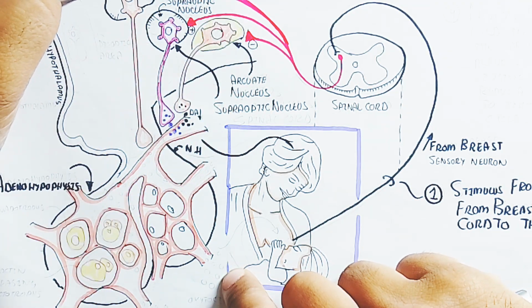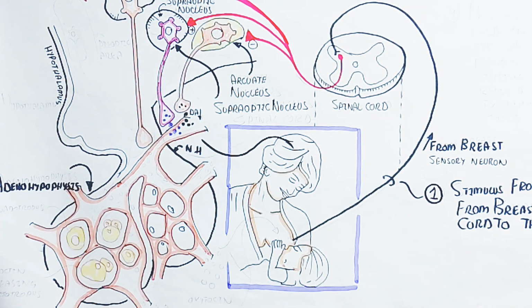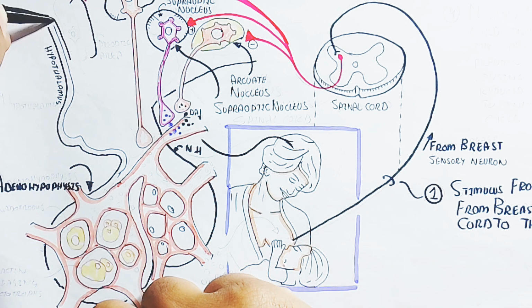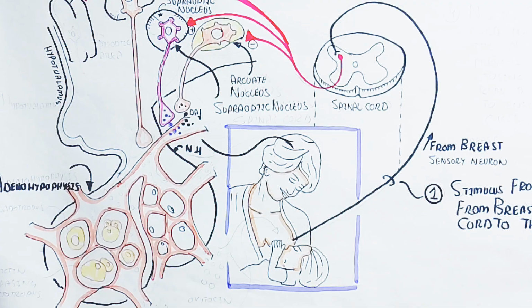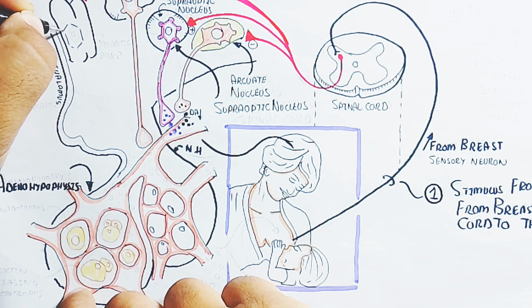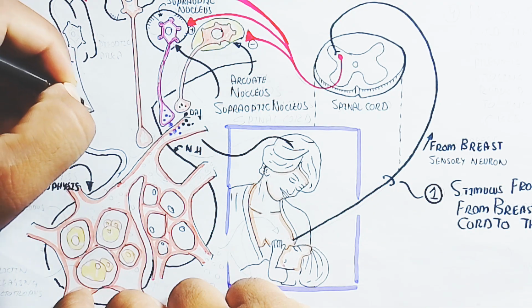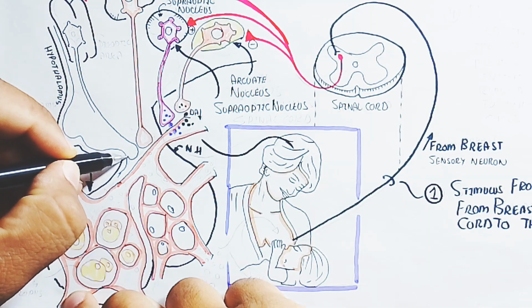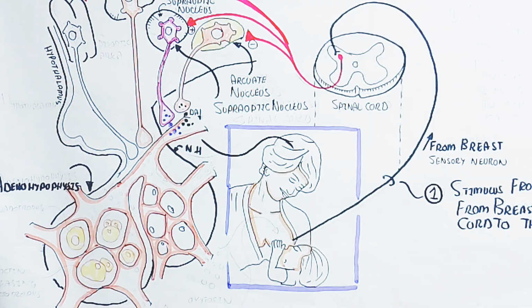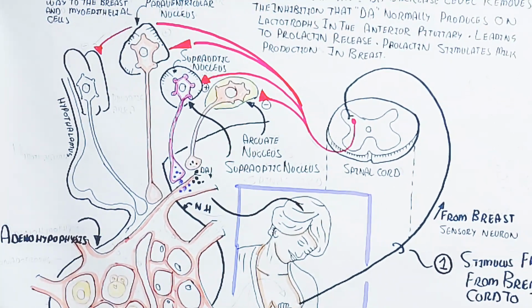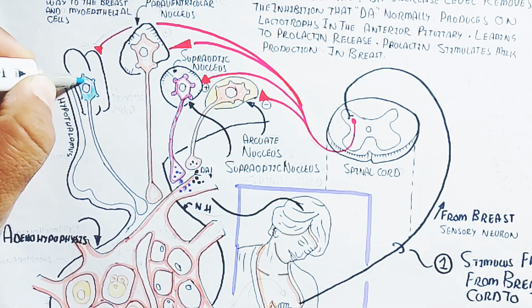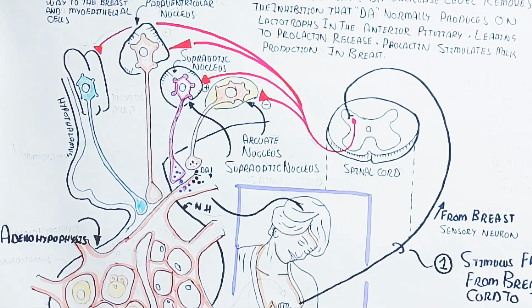So whenever the paraventricular nucleus and supraoptic nucleus are stimulated, they release the neurotransmitter oxytocin. Oxytocin is important for the relaxation of the mammary gland, and on the other hand the blood vessels will move more blood toward the mammary gland.